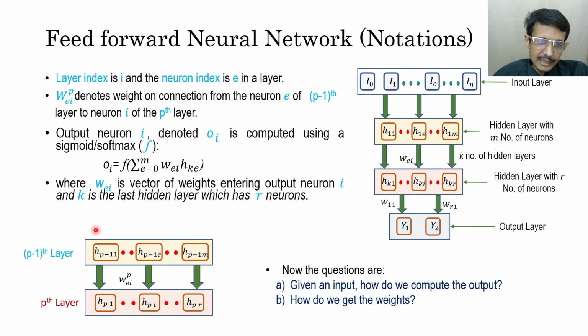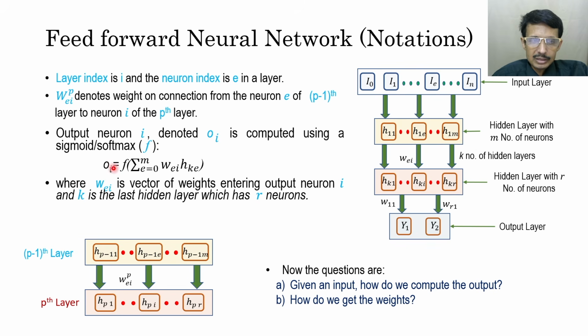Here you can see a (P minus 1)th layer and a Pth layer, and this is the weight in between, from neuron E of the (P minus 1)th layer to neuron I of the Pth layer.